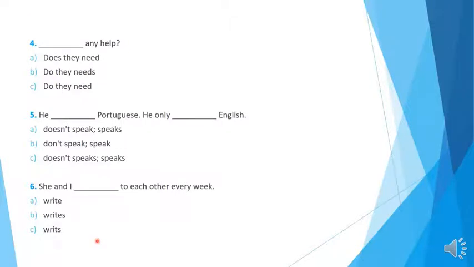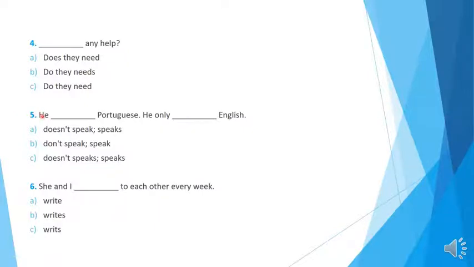Number 4, blank any help. A, does they need any help? B, do they need any help? Select one option. Good. Hope you are trying all this with me.